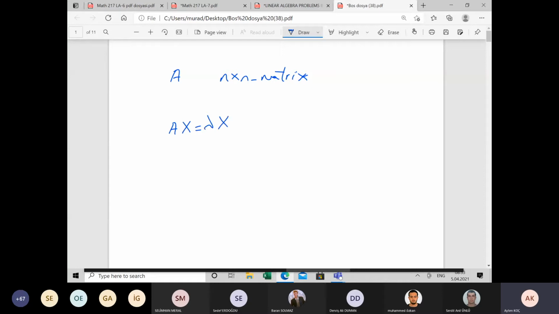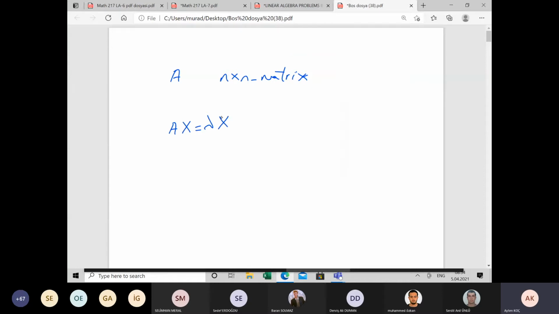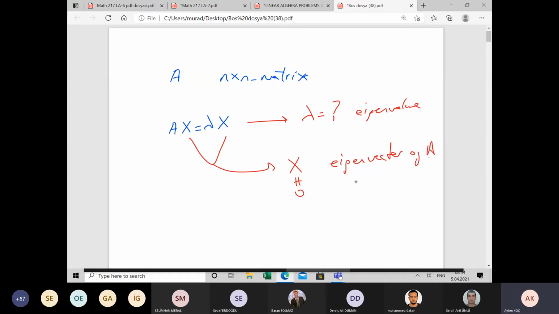Lambda is a scalar, and this is called the eigenvalue. And x should be a non-zero vector, called the eigenvector of matrix A corresponding to this eigenvalue. Our aim is to find x and lambda in equation 1.